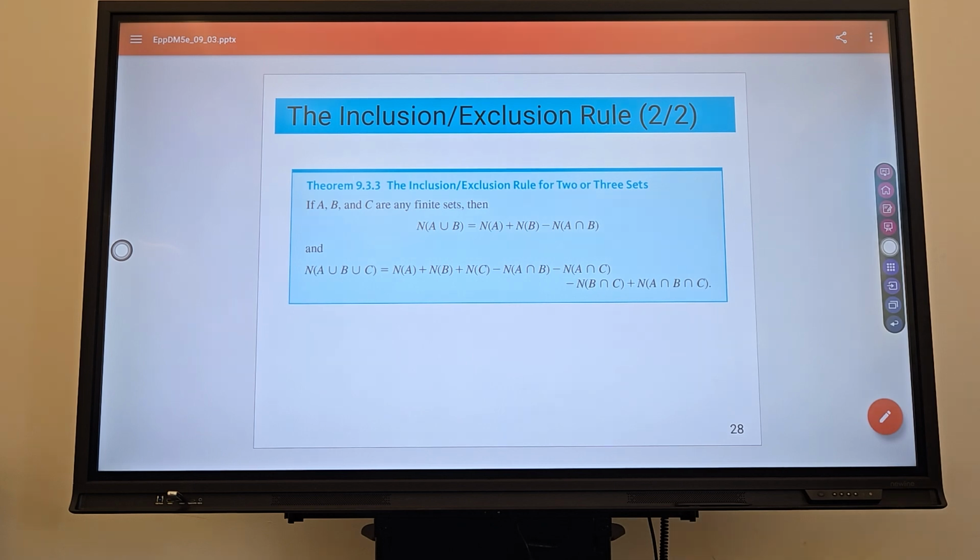So you have to figure out what the elements counted twice are and subtract those from the total.